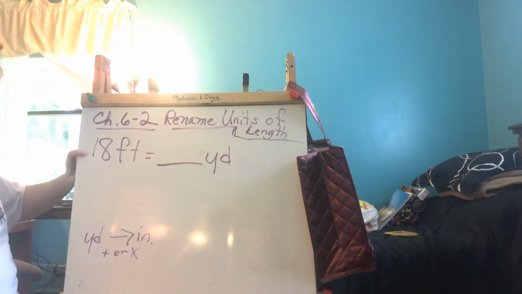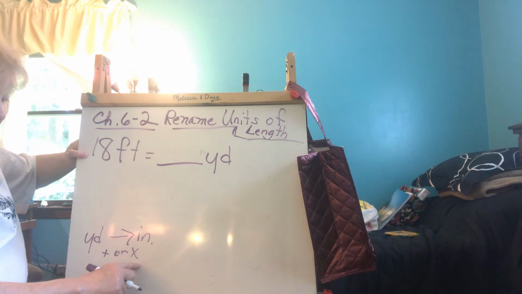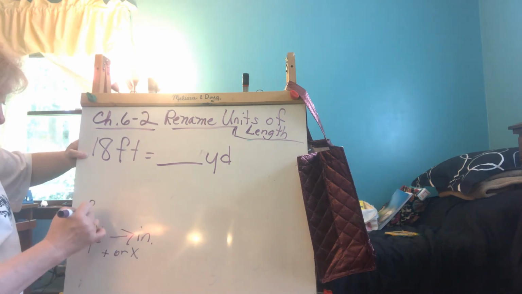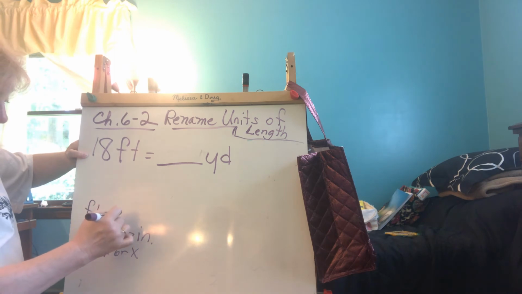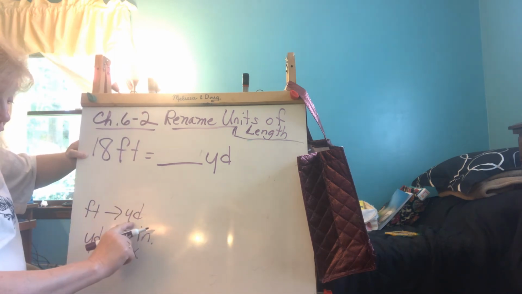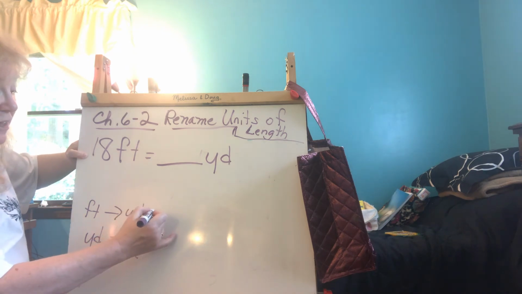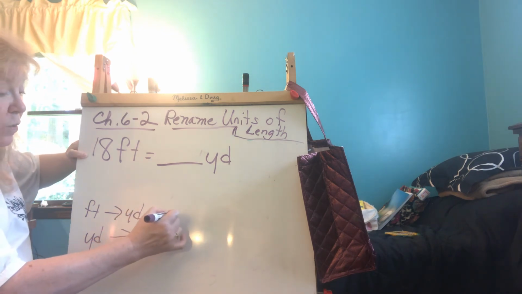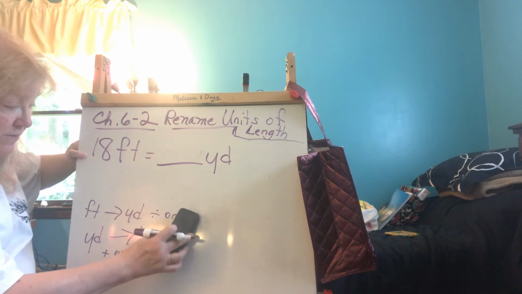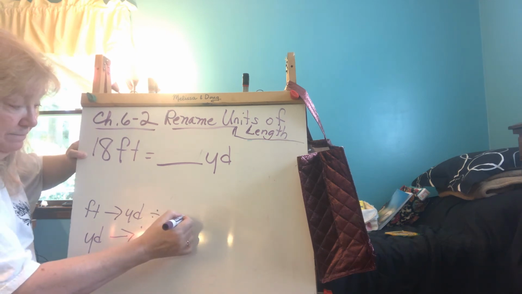So therefore, instead of either adding or timesing, this time when we go from feet to yards, which is smaller unit to bigger unit, we are going to have to either divide or subtract. Okay, divide or subtract.